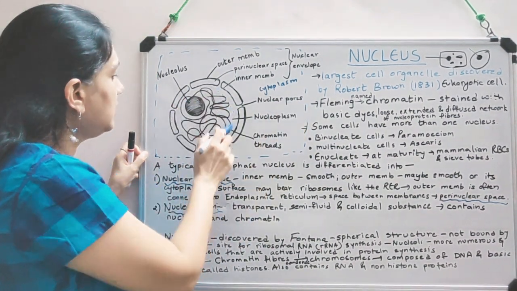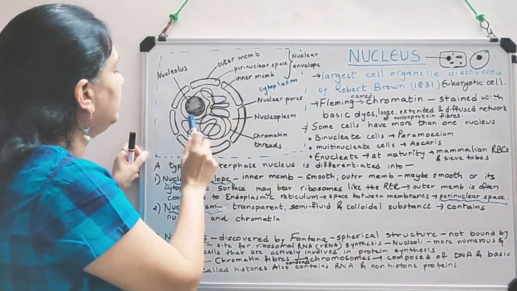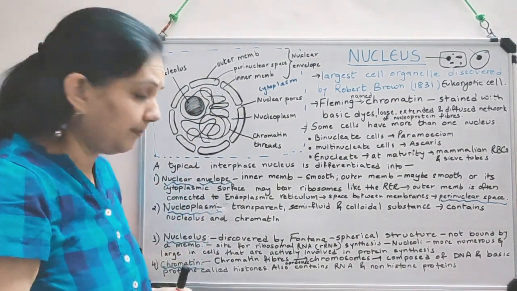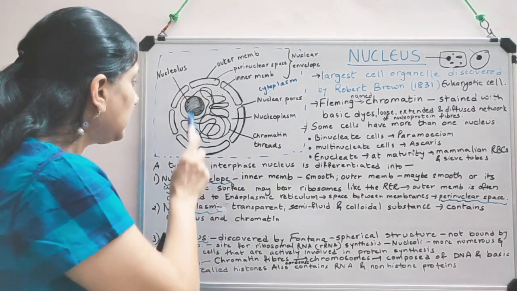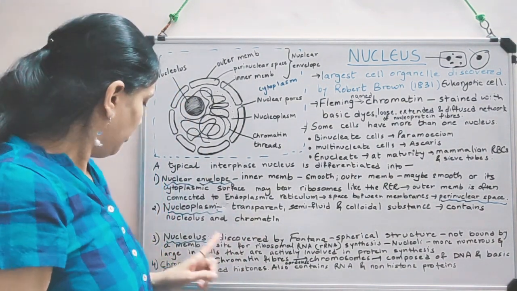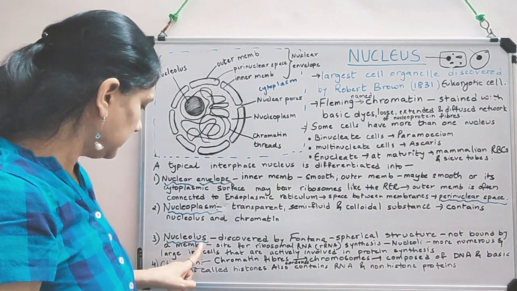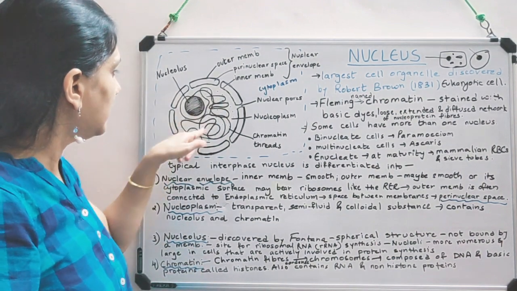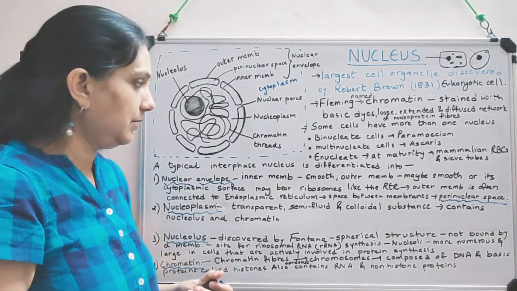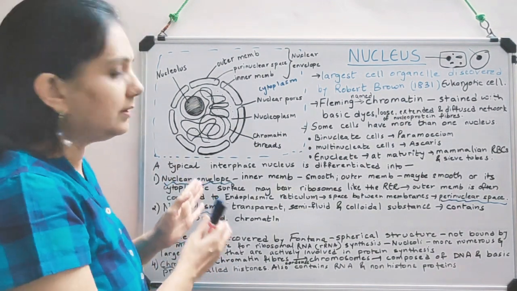Now the region inside this, the whole thing, the dotted region, that is the nucleoplasm. Now in this nucleoplasm there are again two structures. First is the nucleolus, and another, the thread-like structure that you are seeing here, that is the chromatin. Now let's take their details.